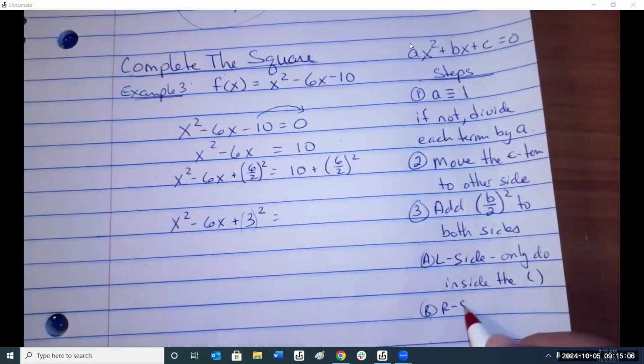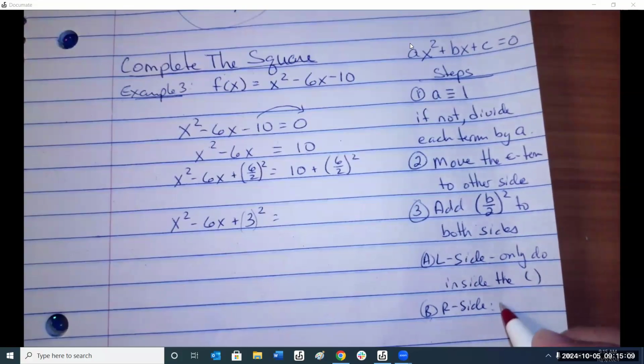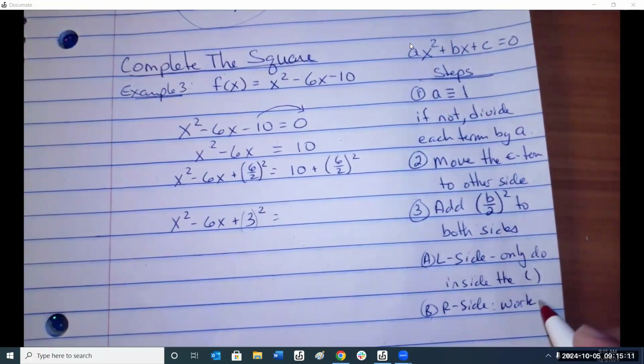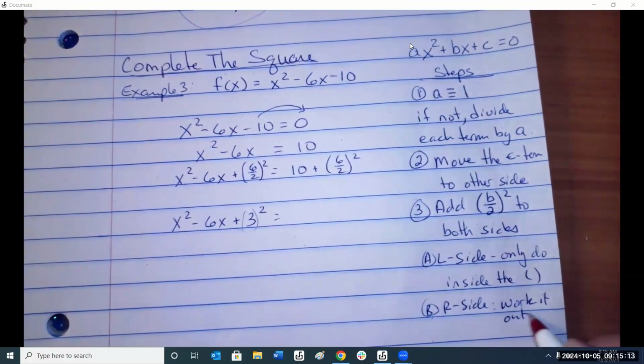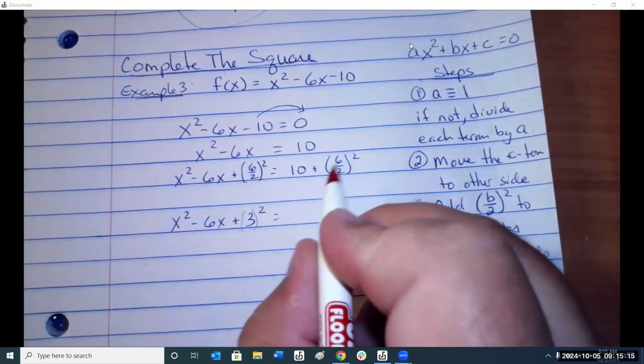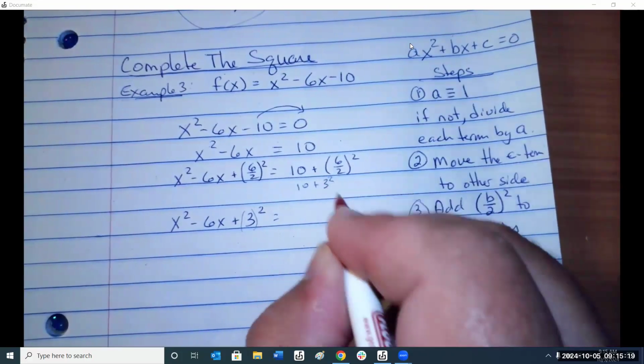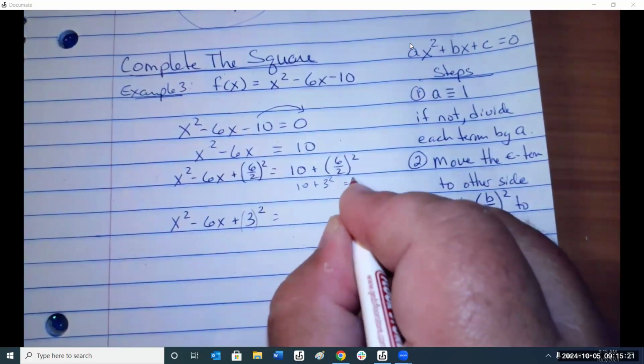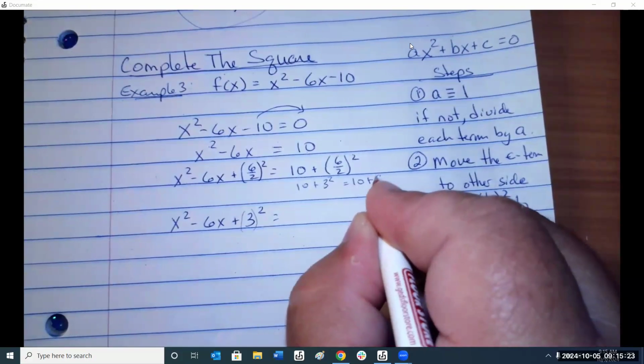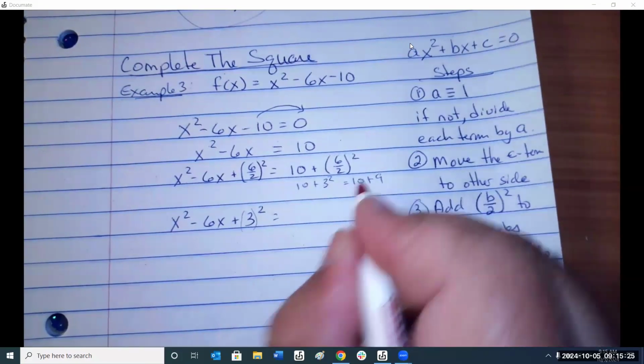The right side, work it out. So we have 10 plus 6 divided by 2 is 3 squared. 10 plus 3 squared is 9. So 10 plus 9 is 19.